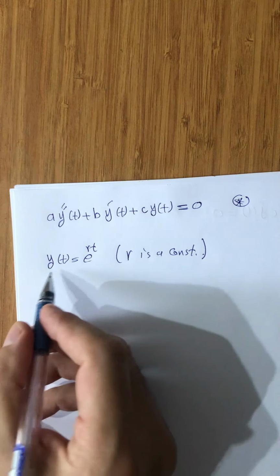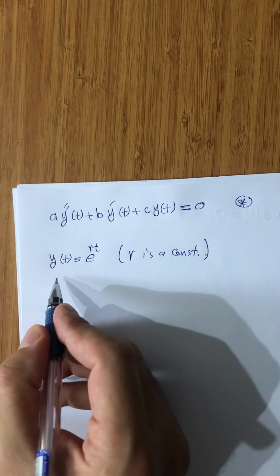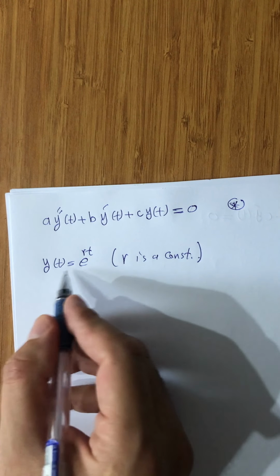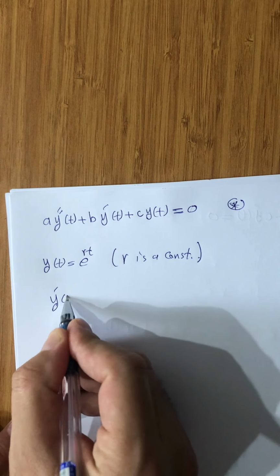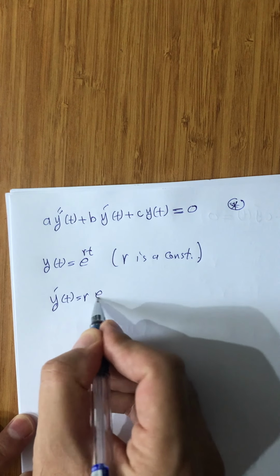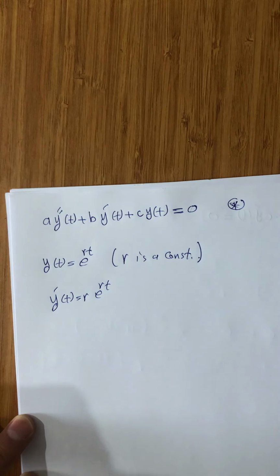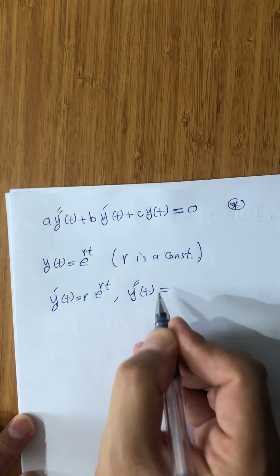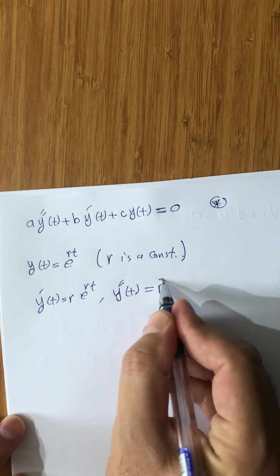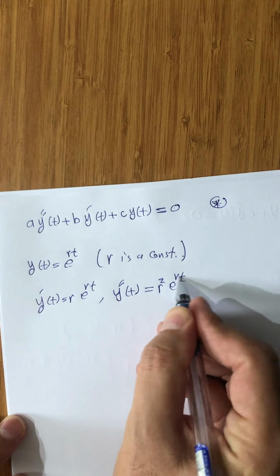If we differentiate both sides, y prime of t equals r e to the rt, and y double prime of t equals r squared e to the rt.